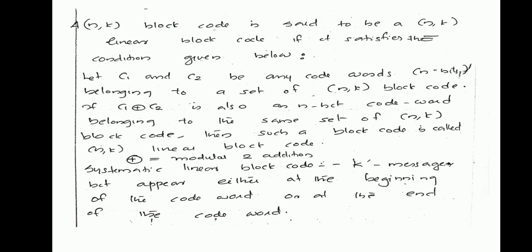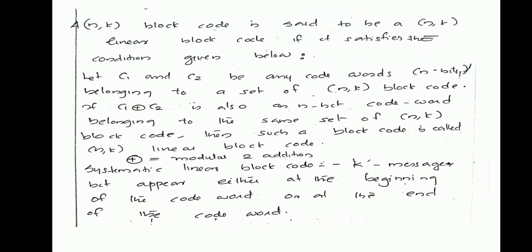The condition is that if we add two code words using modulo 2 addition, the generated code word must be within the set of code words. A block code consists of a set of code words; we take two, add them in modulo 2 addition, and the resultant code word should be in that set. Then we can say it is a linear block code.